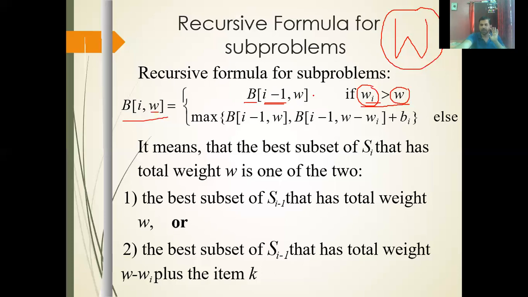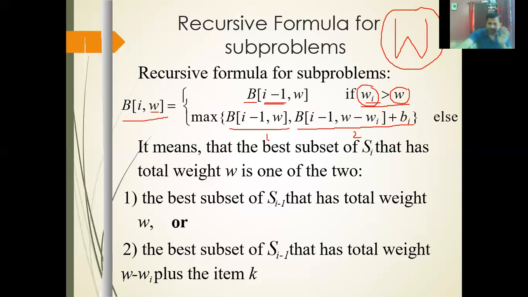I minus 1 comma W. Suppose this weight is lesser than or equal to the current capacity of the knapsack W, that is the else part. So in this case, we have two cases. This is one part, this is the second part.